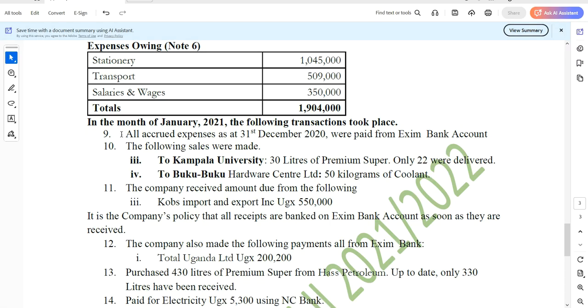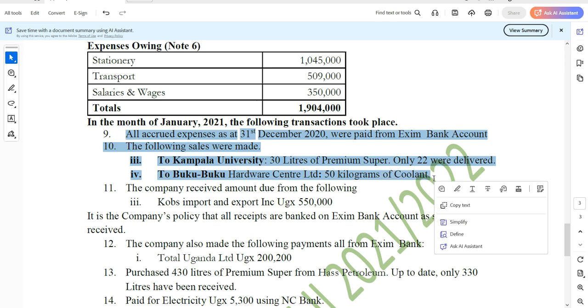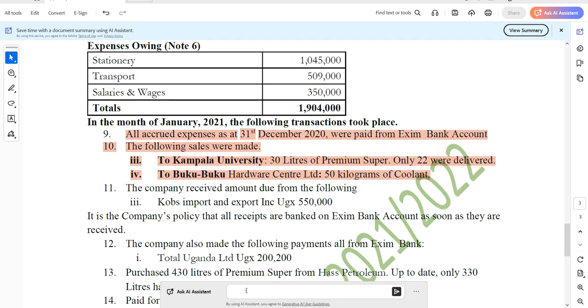So these ones I've finished them up here. When it comes to Kampala University, 30 liters of premium super, but only 22 were delivered.